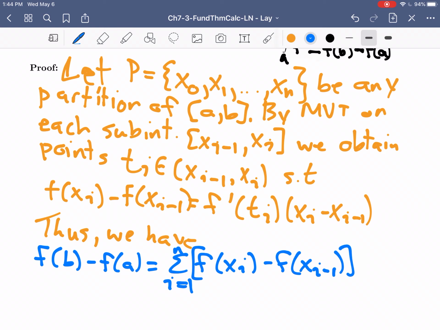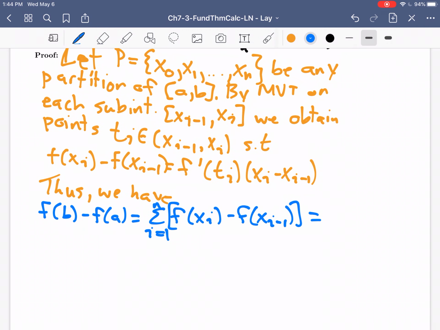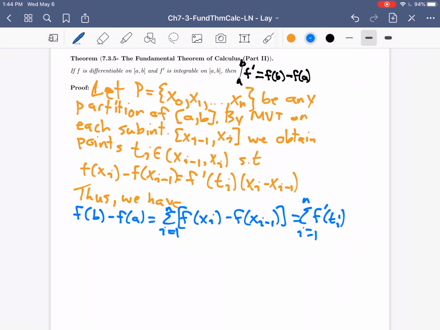Each of those values in that sum we can replace with these f primes at t sub i. And this right here is really just delta x sub i, the difference between those x sub i's.